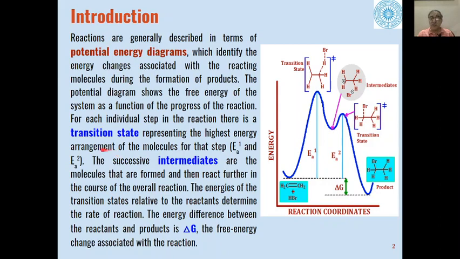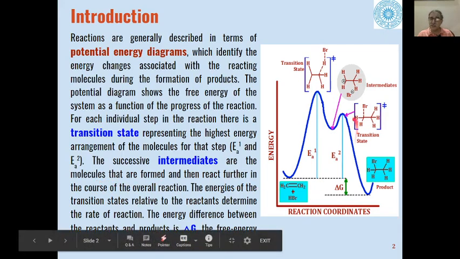And in between these two transition states there is a state which we call an intermediate. And these intermediates are molecules that are formed, and then they react further to get converted into products.